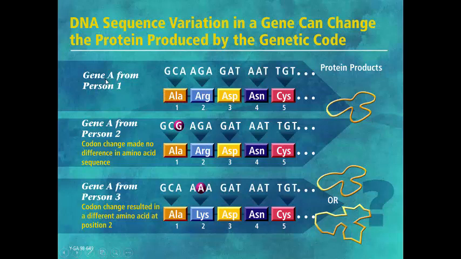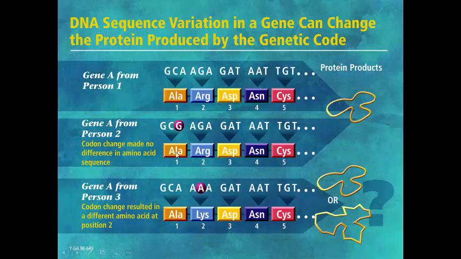So if we look at gene A from person 1 and gene A from person 2, let's compare the sequences at this first codon. GCA codes for alanine, GCG also codes for alanine. This A-G difference is a single nucleotide variant. But notice it results in the code for the same amino acid.